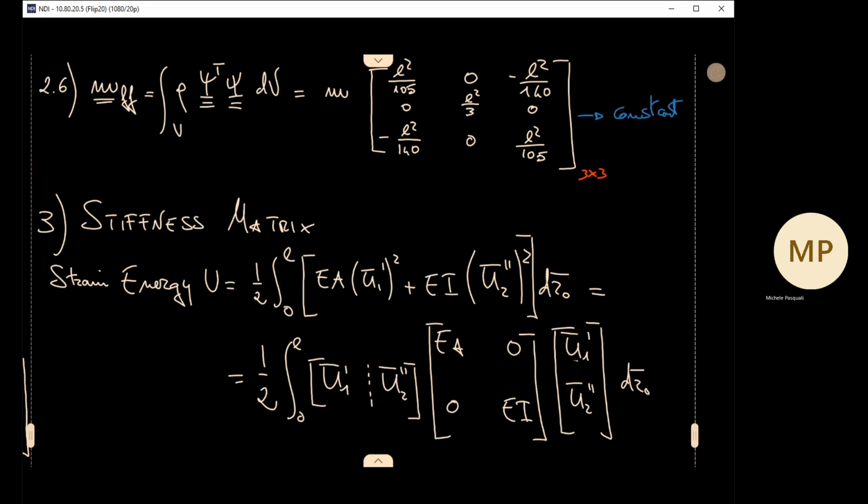This is just the same, no? If you do this matrix multiplication, you get a scalar, which is on the upper row.